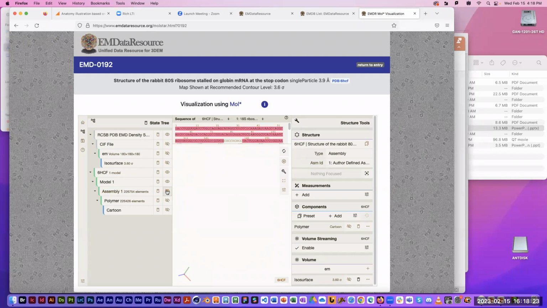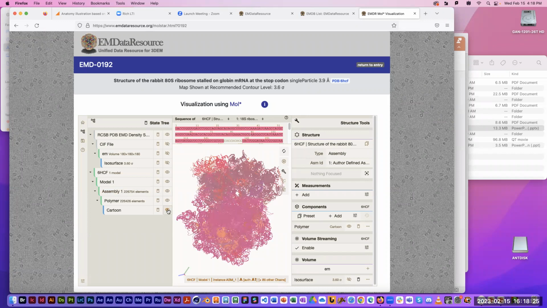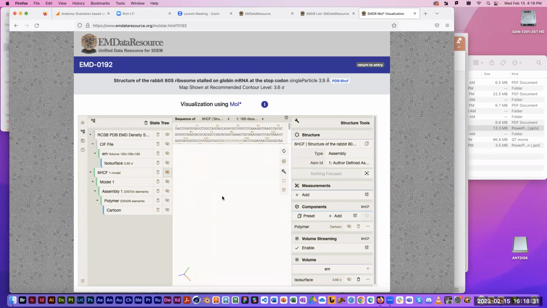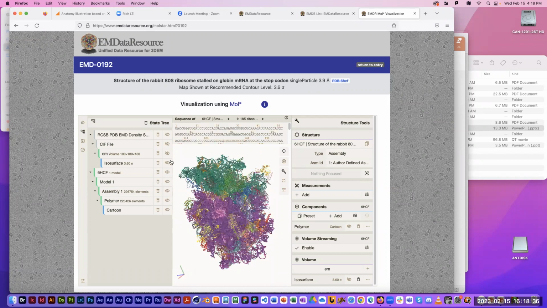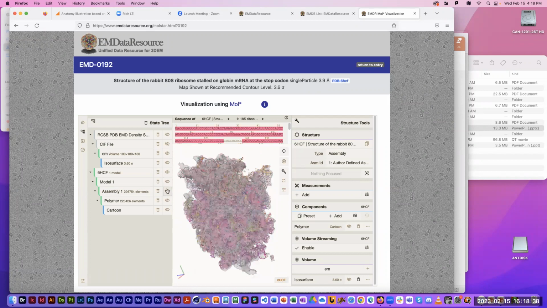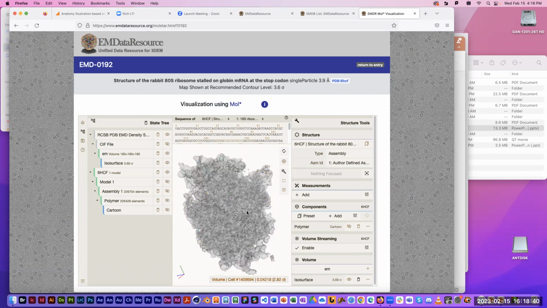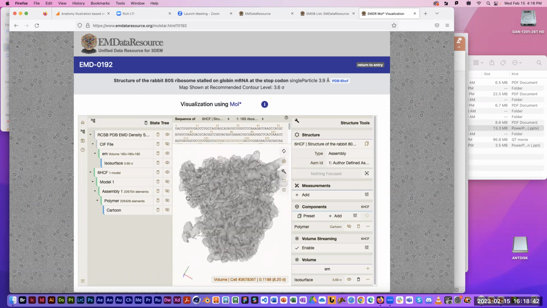Okay, that just hid everything, so that's not good. Right. So you can explore different aspects of it.